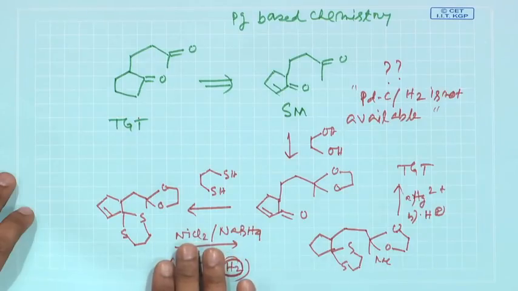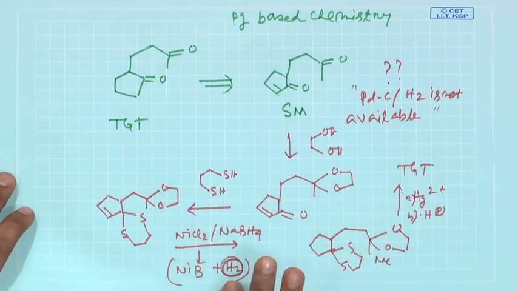If your glass apparatus, your setup, contains a little bit of moisture, palladium charcoal instantly catches fire, and it is basically explosive. And hydrogen is very flammable, so you need to be a little bit cautious. But the point is, if you do not have palladium charcoal and hydrogen, we have an alternative. You can use the nickel chloride sodium borohydride system, which gives you hydrogen.